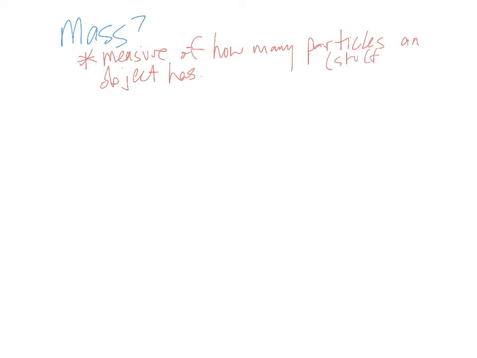Just how much stuff something is made of. All right, so how much stuff an object has, how much the stuff is made up of. So, an object is made up of, how about that? There we go. So this will be our working definition for mass then. How much or how many particles an object is made up of, or how much stuff.